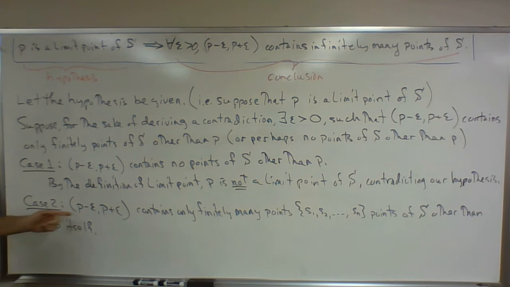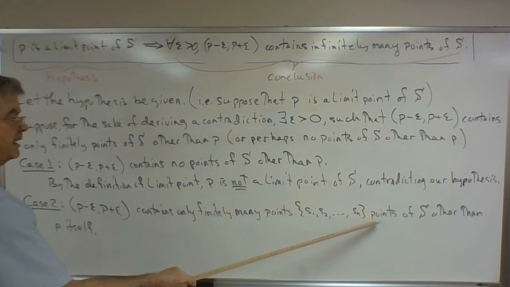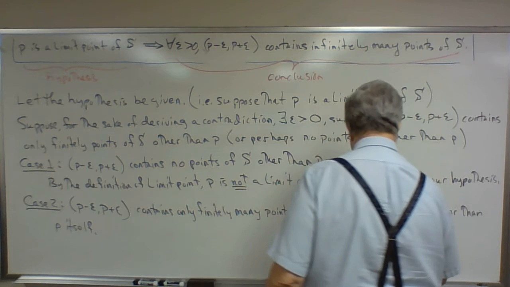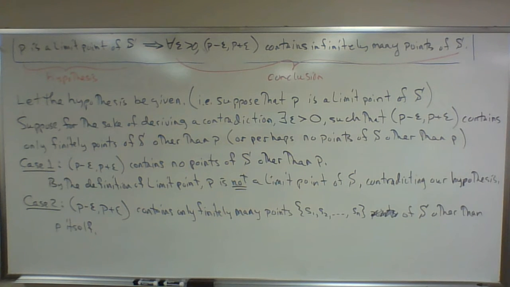So here's the other case. The interval P minus epsilon, P plus epsilon contains only finitely many points, n of them, finitely many points of S other than P itself.